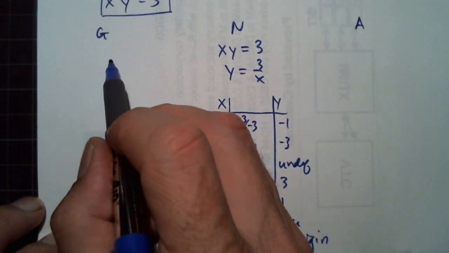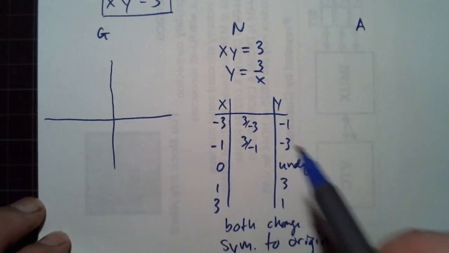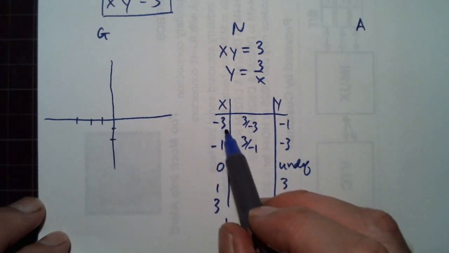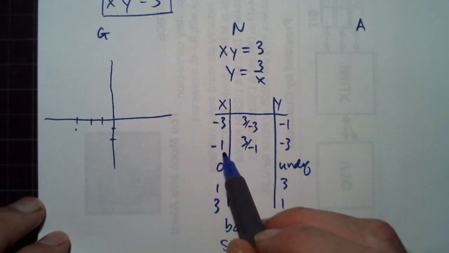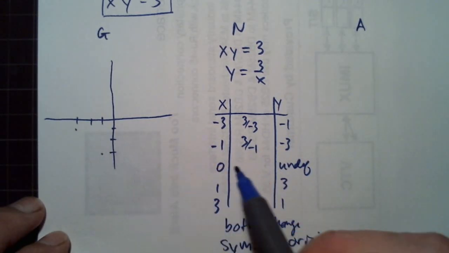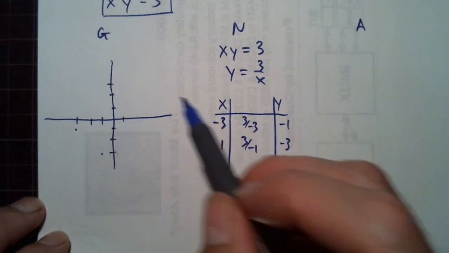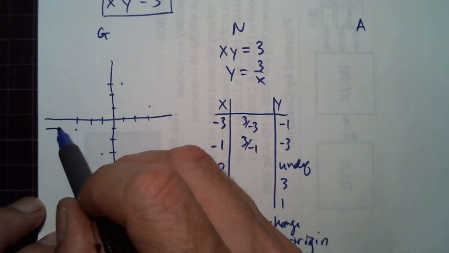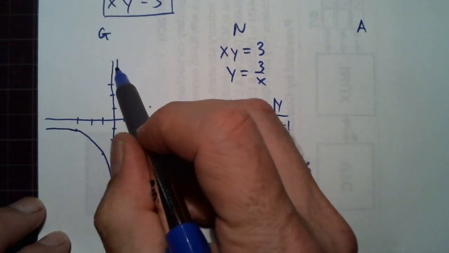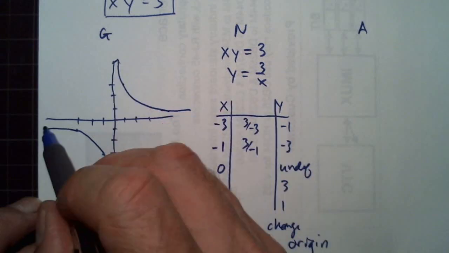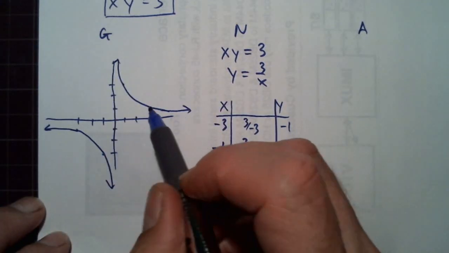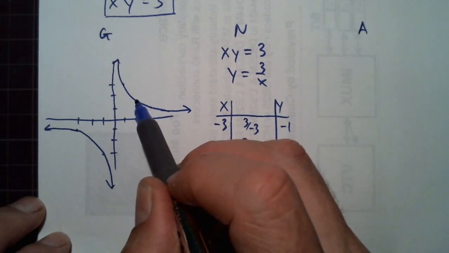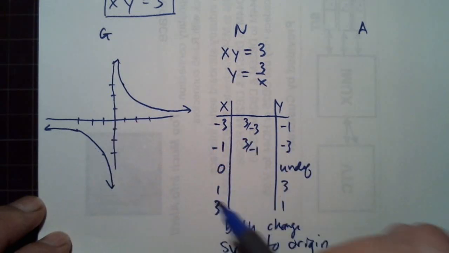And if we look at the graph, left 3 down 1, left 1 down 3, and here we'll have right 1 up 3, right 3 up 1. And that will be symmetry to the origin, because if we have a positive x, positive y, and we switch it to a negative, it's also on the graph.